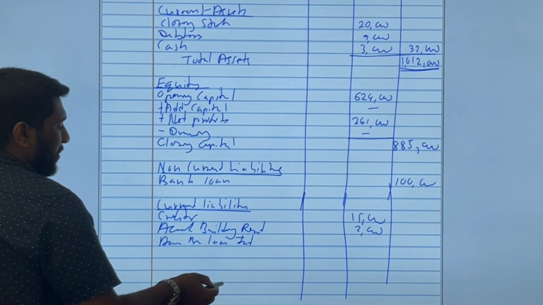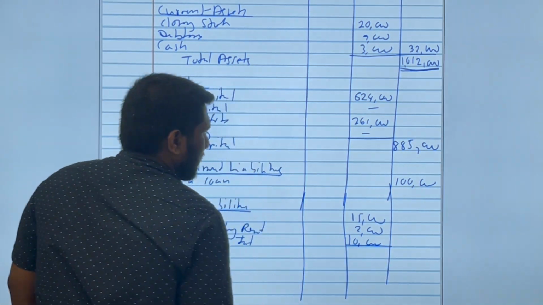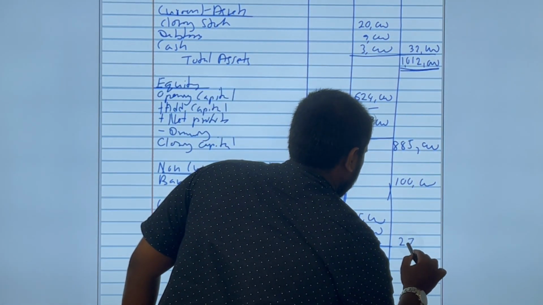If not, building rent payable and bank loan interest payable, you can use both the names. Then here 27,000.